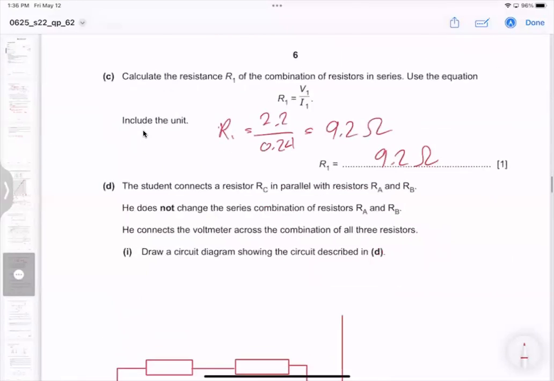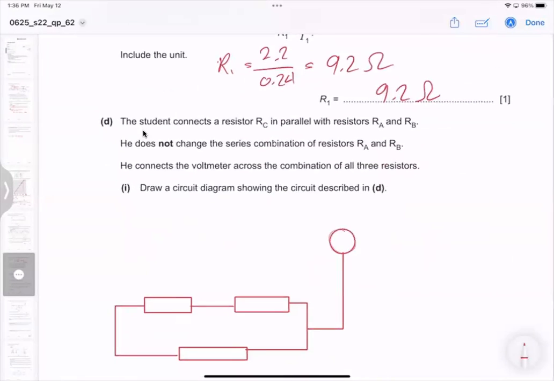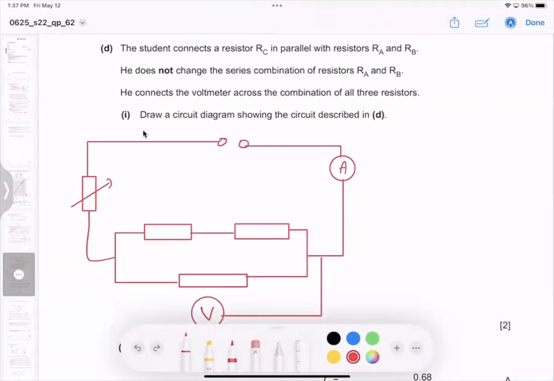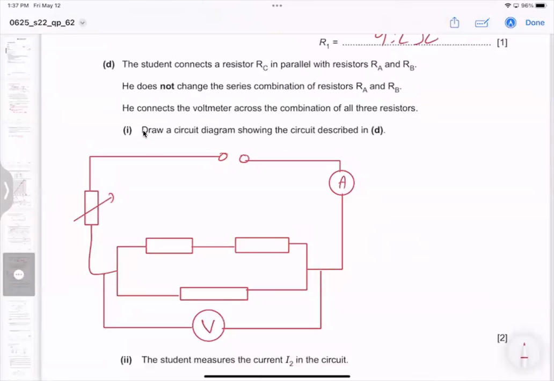We have the ammeter here, and shall we place the voltmeter, the variable resistor? And here is the voltmeter. Here is the circuit.